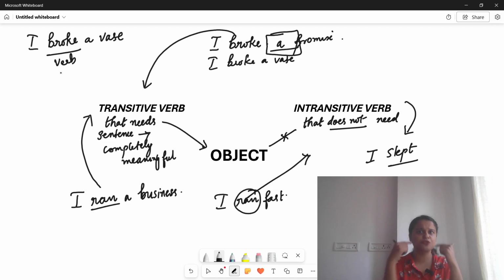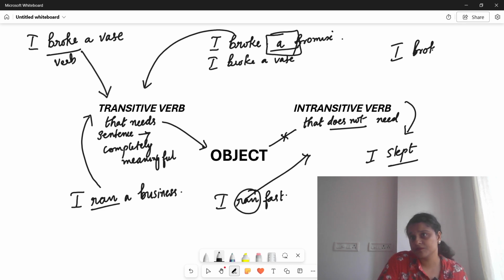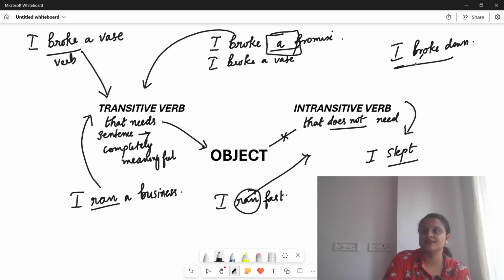Can I see the object in the statement? Well, then that is a transitive verb. But if I say I broke down, simply ask the question, I broke what? Does down answer the question? No, down is not an object there, right? Therefore, here in this sentence, broke is an intransitive verb.